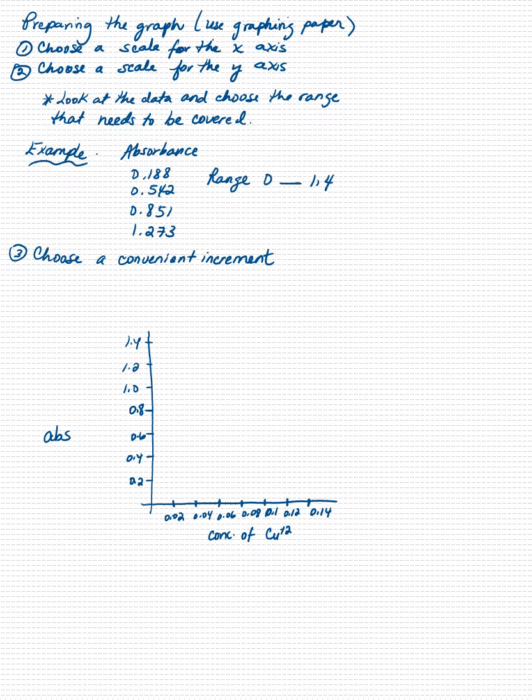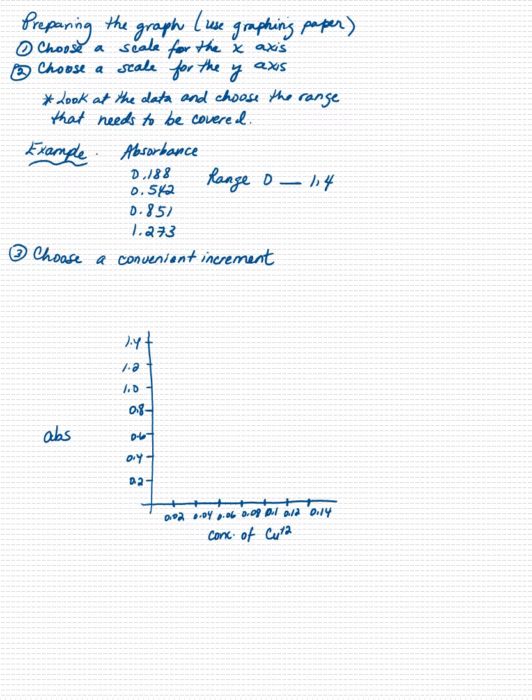You have to do the same thing for both axes. You don't need to have the same range for both. You need a range for your y-axis that covers your list of numbers, and then you need another range for your x-axis that covers all of your numbers.